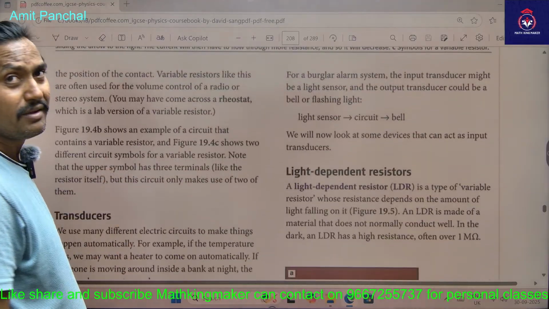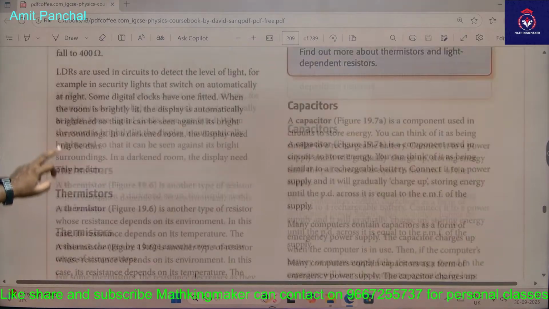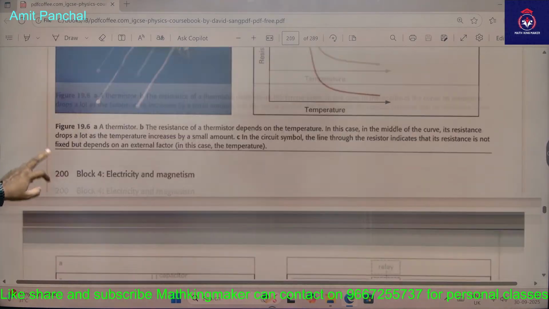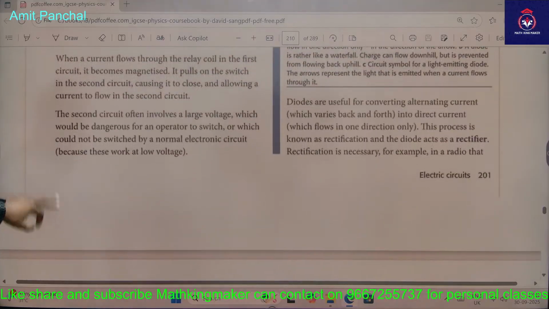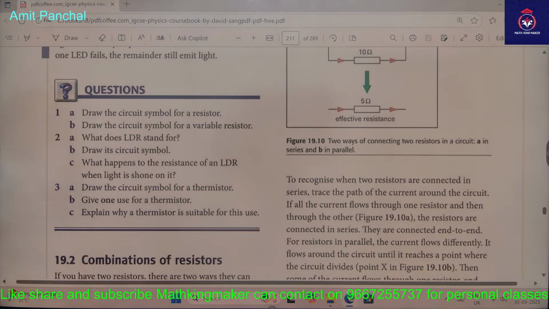Light dependent resistor, I think. Light dependent resistors. Okay. Yes. So their resistance depends upon the light, and how they are shown in the circuit. LDRs. Yeah, it's a resistor with the upward arrow. Right, sir, from the up.